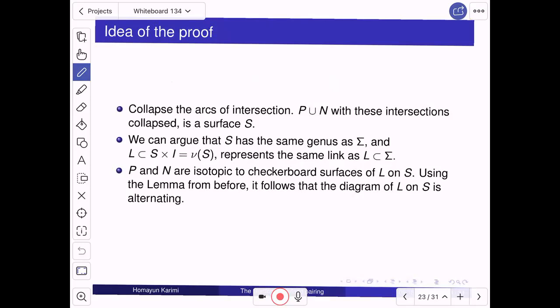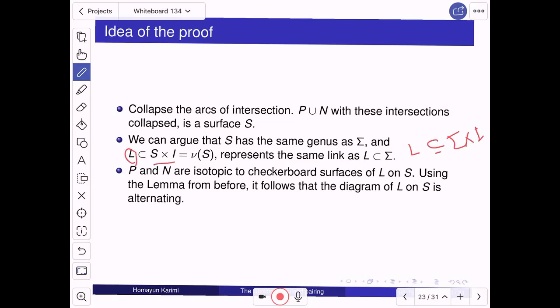Now my link L lives inside a tubular neighborhood of the surface, namely S cross I. Then you need to do some magic, using some classical theorems, to show that this link L inside S cross I is the same as L inside sigma cross I. So you need to show that these two links are the same.